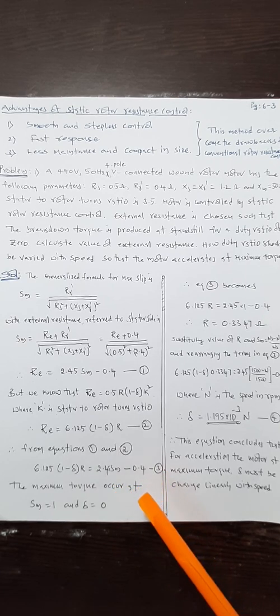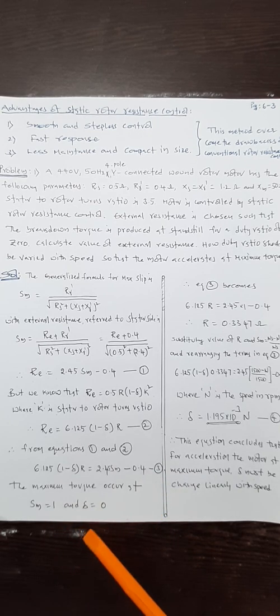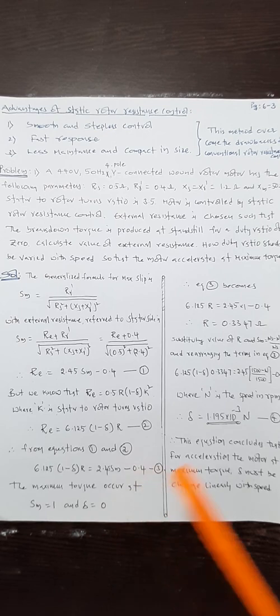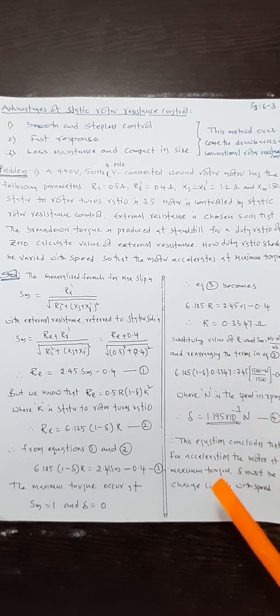The maximum torque occurs at Sm equal to 1 and delta equal to 0. Substitute these values in equation number 3. So the value of external resistance R is equal to 0.3347 ohms. So far the first part is over, and now we evaluate the relation between delta and speed.